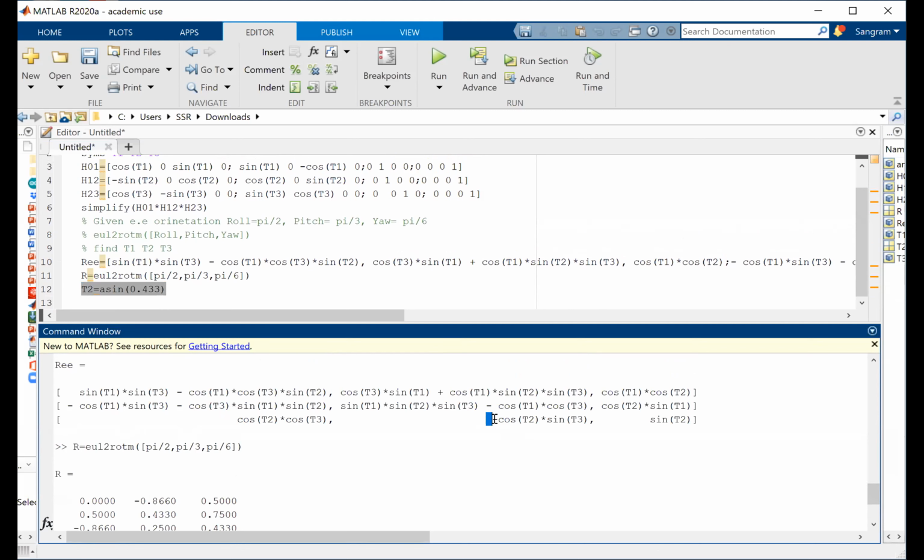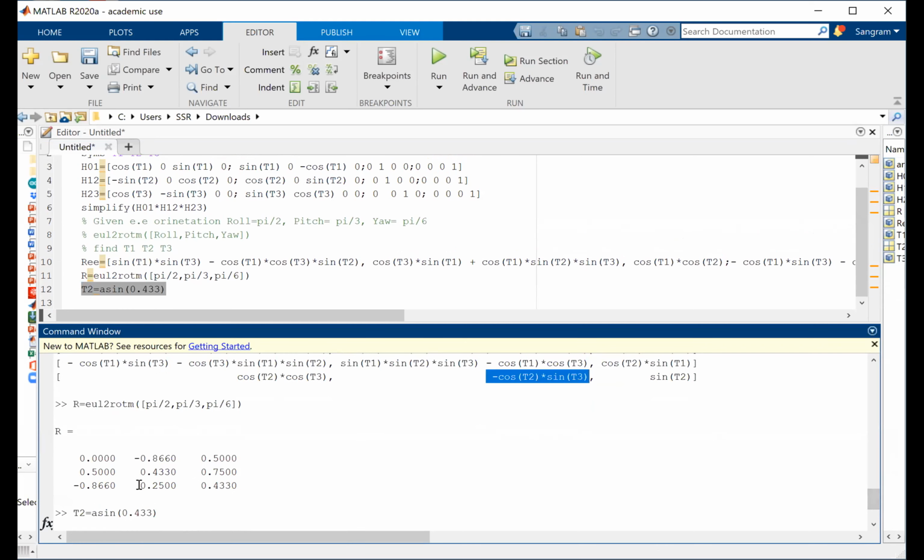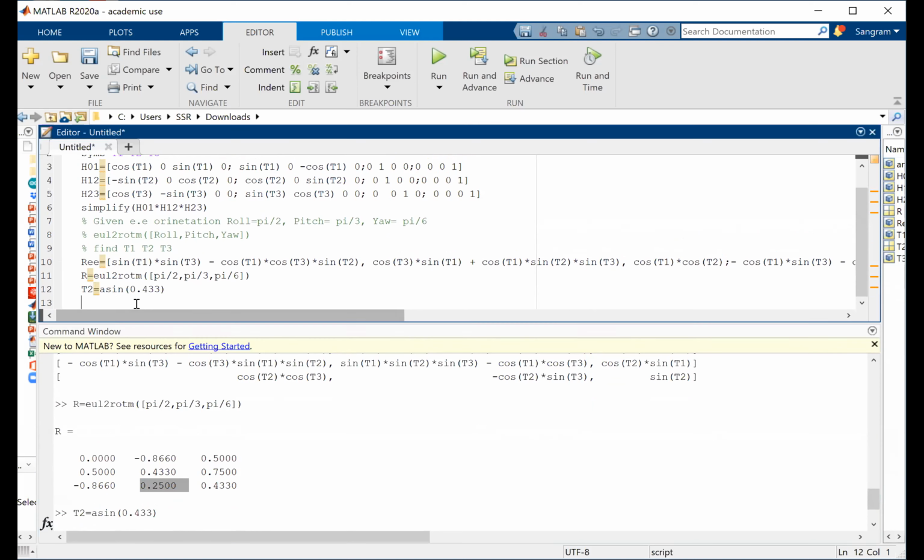Now check this out. Next term is here. This term is similar to this term. So the equation is 0.25 is equal to minus cosine T2 multiplied by sine T3. I'm going to write this equation down just for reference. Cosine T2 multiplied by sine T3 is equal to 0.25.